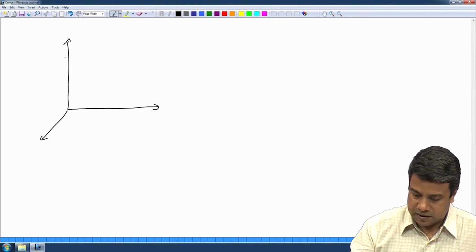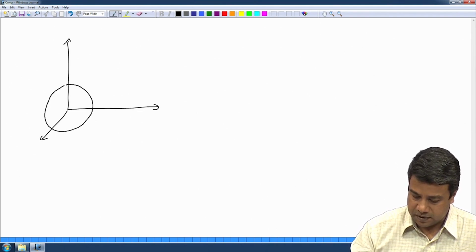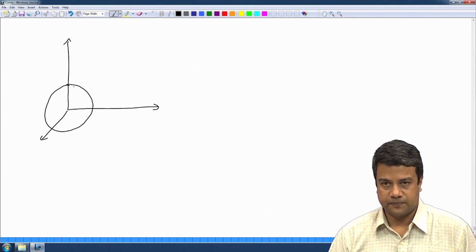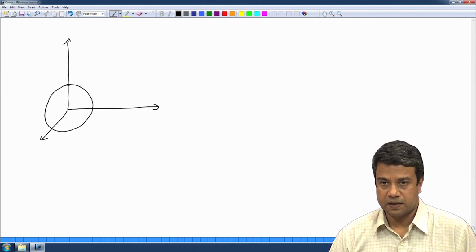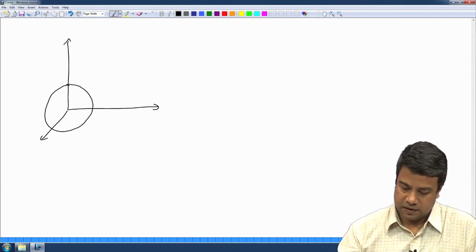In a spherical coordinate system, for example, if you wanted to look at the transport around a spherical particle, you would like the surface of the particle to be a surface of constant coordinate.